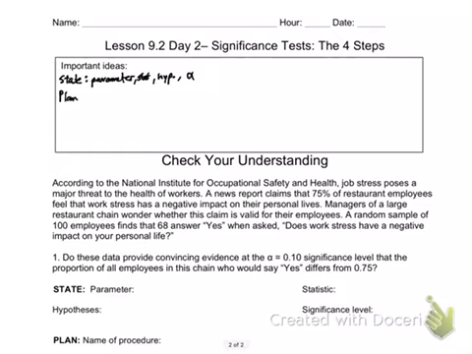Plan is the name of the test. In this case, it was the one sample z-test for proportions, name of test, and your conditions. Check your conditions.